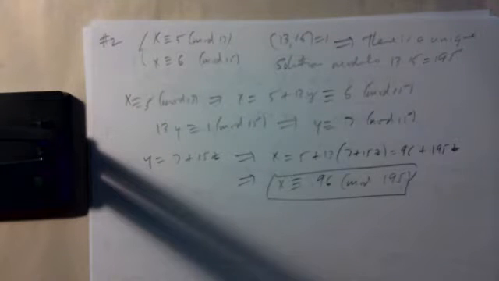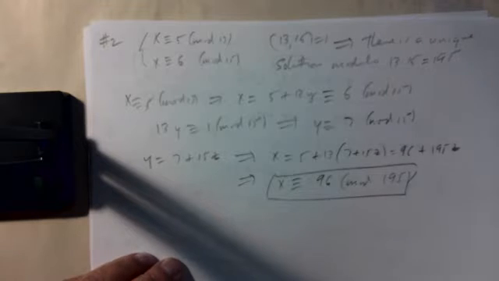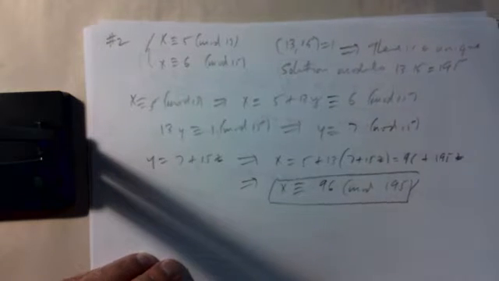Okay. Any questions about that? Number 3 is again a problem with the Chinese remainder theorem.